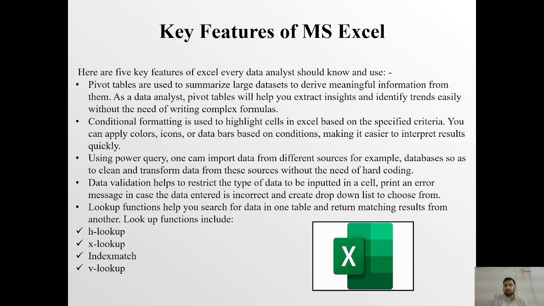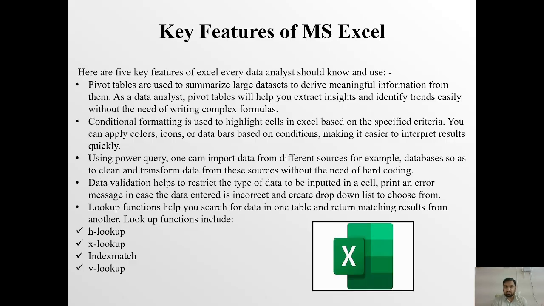Key features of Microsoft Excel. Here are the five key features of Excel every data analyst should know and use. Pivot tables are used to summarize large data sets to derive meaningful information from them.